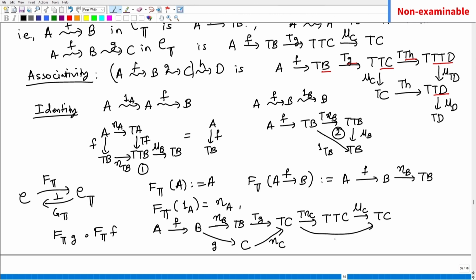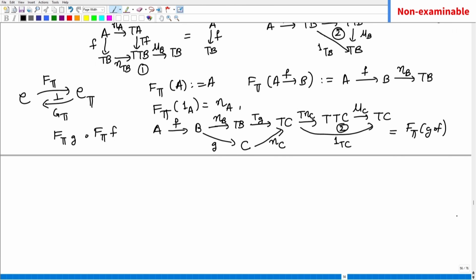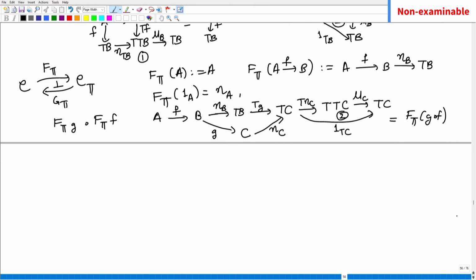For this particular diagram, this is 1 sub TC. This is diagram 2. Okay. Then this is GF composed with eta C. Can you see that? GF composed with eta C at the bottom. Follow this, and then rest is identity, and that is precisely FT of GF. Okay, so we have verified that this is indeed a functor. Okay, so far so good.